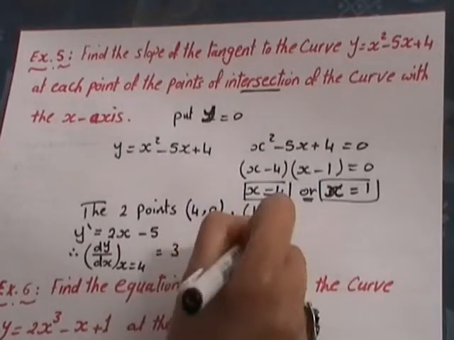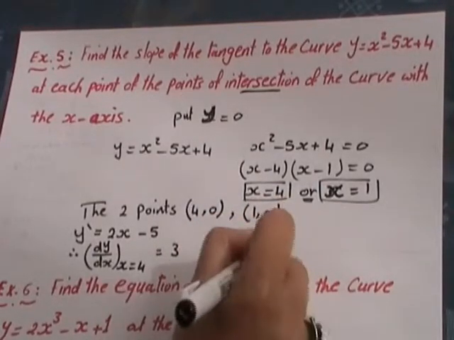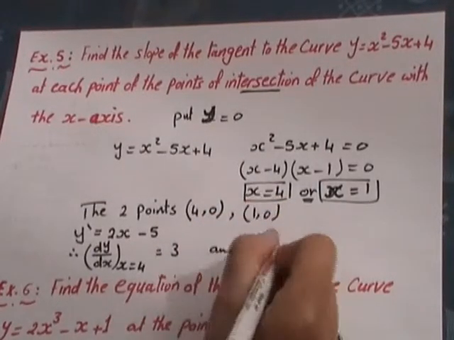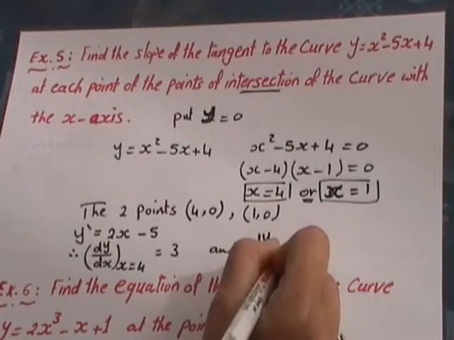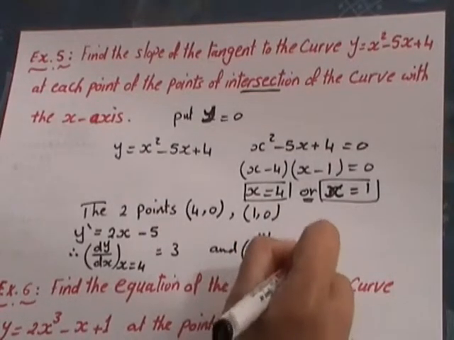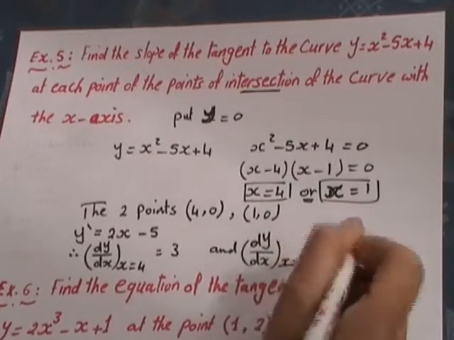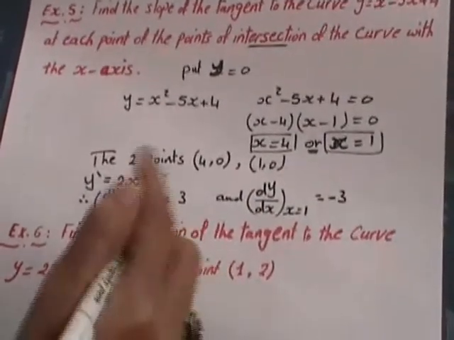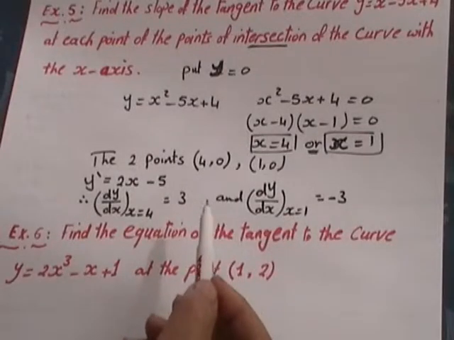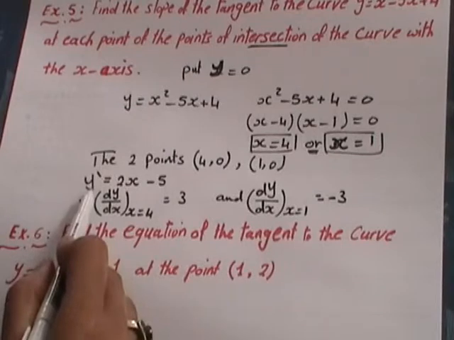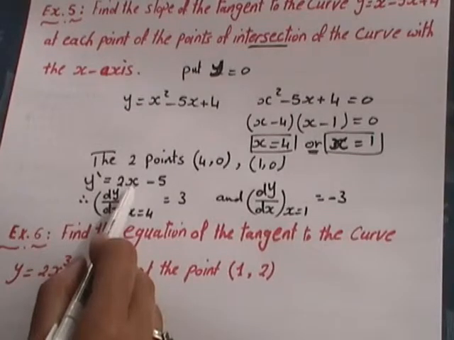And dy by dx, the first derivative of the tangent at x equals 1, will be equal to -3. So he asked me to find the slope of the tangent to the curve, so we must find the first derivative of the equation of the curve.